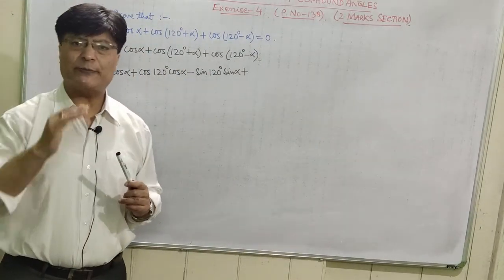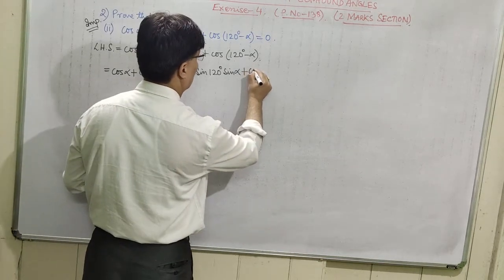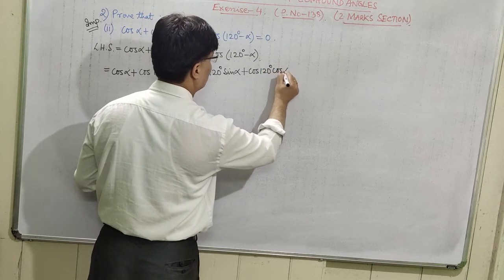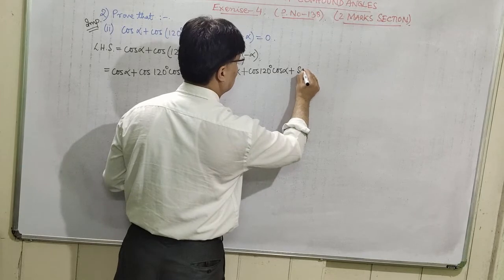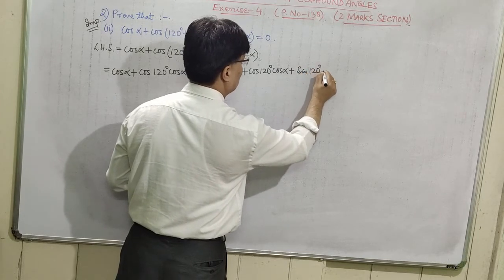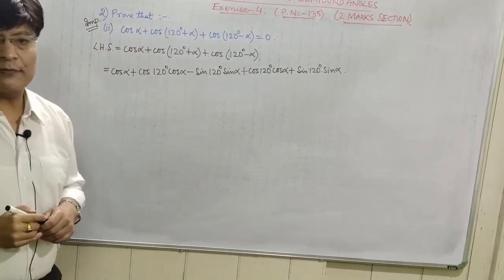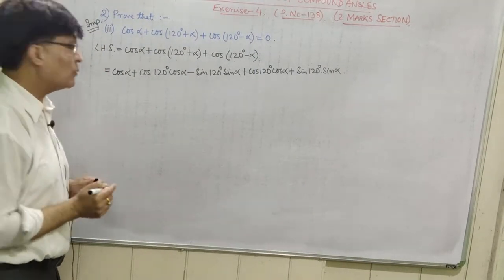What is cos of a minus b? Cos a cos b plus sin a sin b. So it is cos 120 degree cos alpha plus sin 120 into sin alpha. So I think you have understood it. Okay. So now in the next step, what will you do?